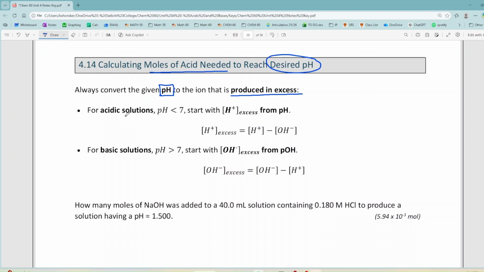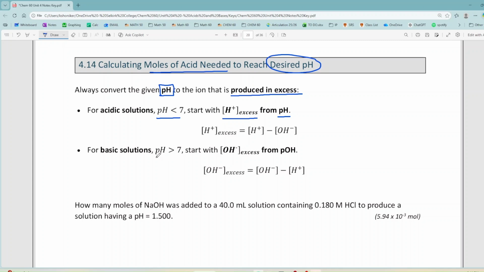If you have an acidic solution where your pH is less than 7, you start with excess hydrogen ions from the pH, and the excess hydrogen equals the difference between the hydrogen ions and the hydroxide ions in the original concentrations.